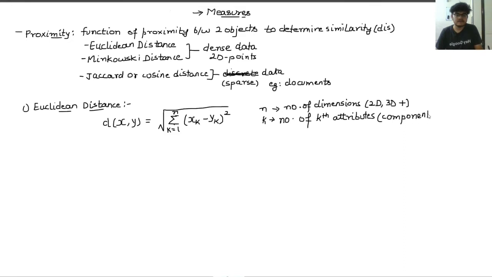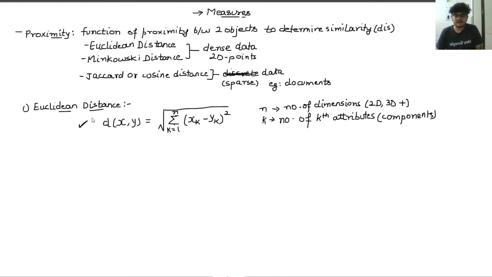We use this Euclidean distance to find the distance between two data points, and we will study some very interesting properties of Euclidean distance. This formula is very useful and you should remember it because we are going to use it in the k-means clustering algorithm.